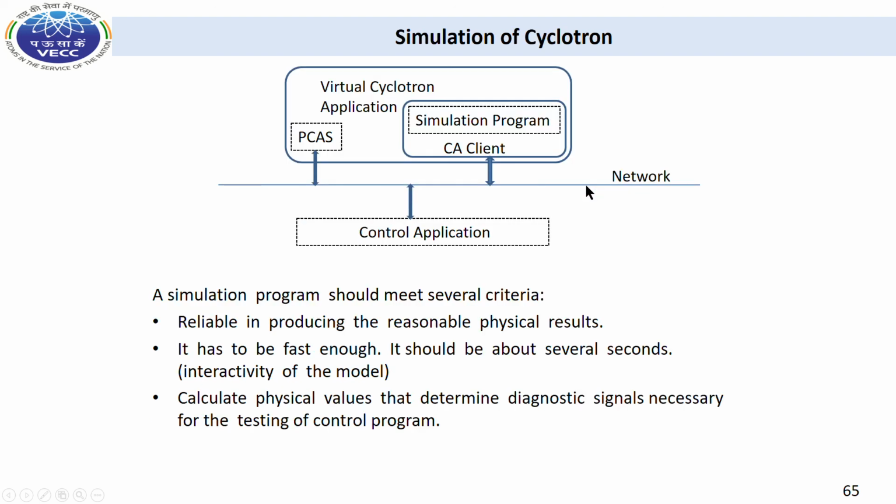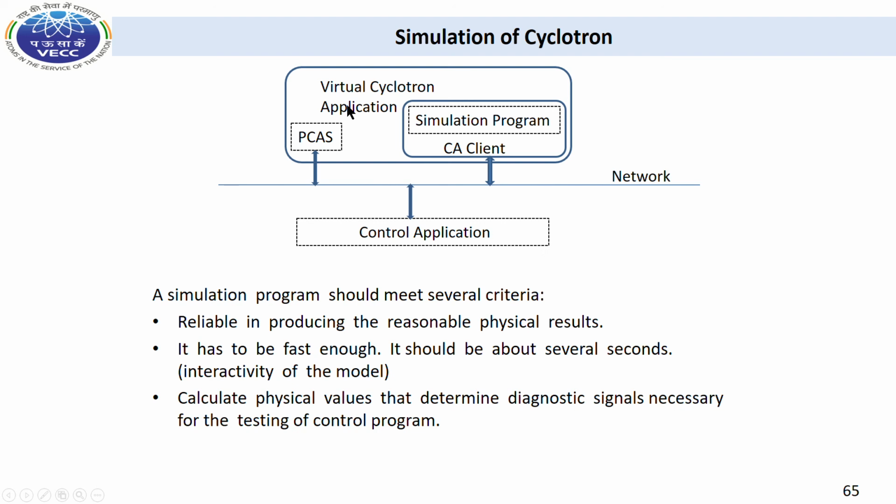So using this diagnostics facility, we now plan to develop a simulation program. The outcome of this simulation program is the development of a virtual cyclotron. It should meet the criterion that it is reliable in producing reasonable physical results.